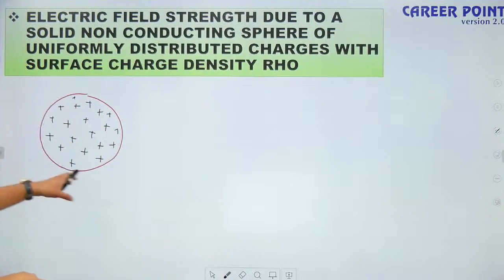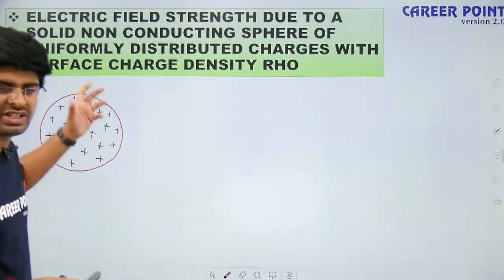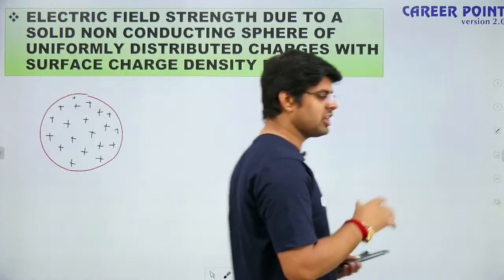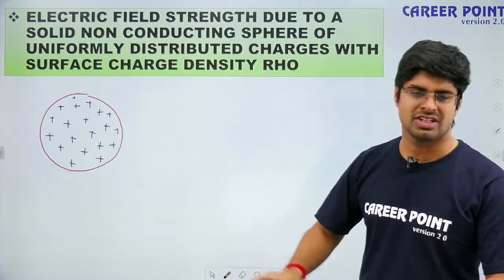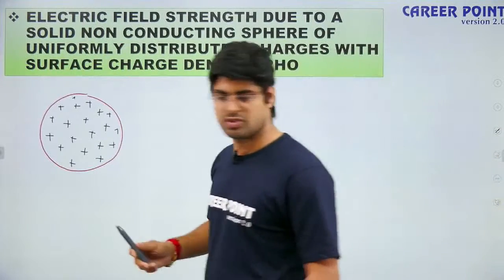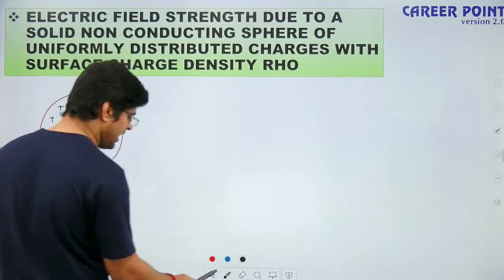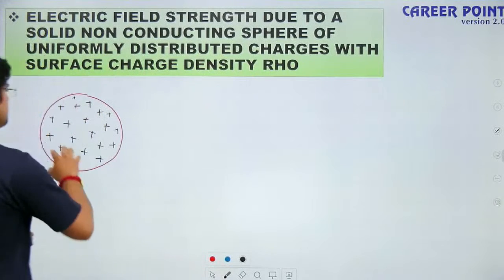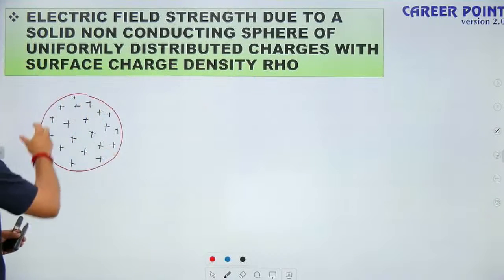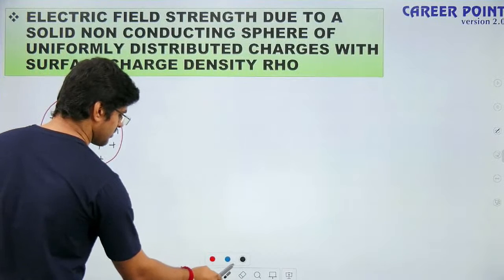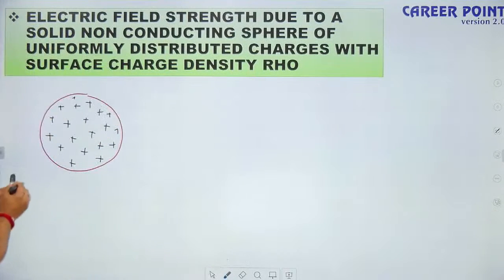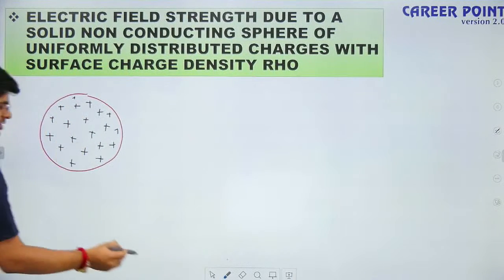Positive charges are distributed everywhere, and it is not a conductor, so they are not going to flow to the outer surface, they are going to stay wherever they are. We have to find the electric field due to this solid sphere at different points.